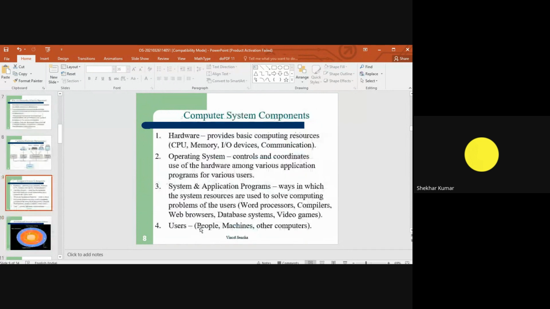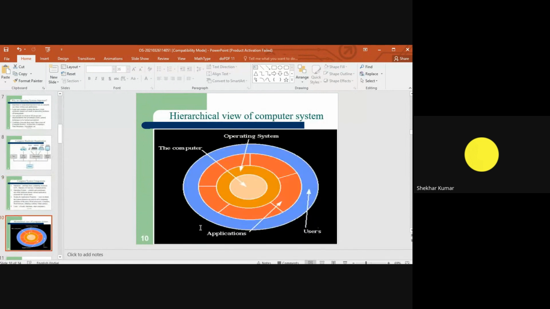This is the hierarchical view of your operating system type. The computer hardware is in the innermost part. Then after that, there is the operating system.